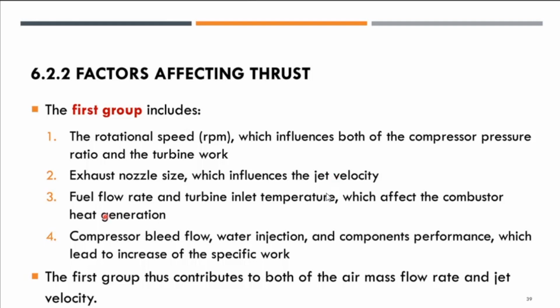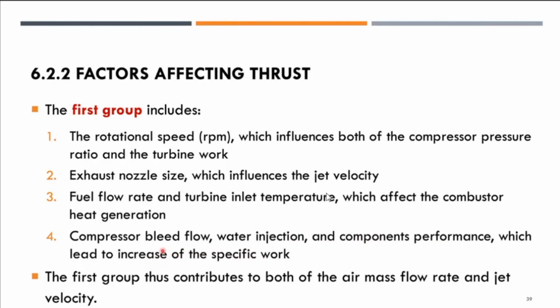Then the fuel flow rate, so we have the air to fuel ratio, F, and the turbine inlet temperature, TIT. The high temperature coming from the combustion chamber going into the turbine section will produce a higher thrust, which affects the combustor heat generation. And then the final one is the compressor bleed flow, water injection, and components performance, which also leads to an increase of the specific work.